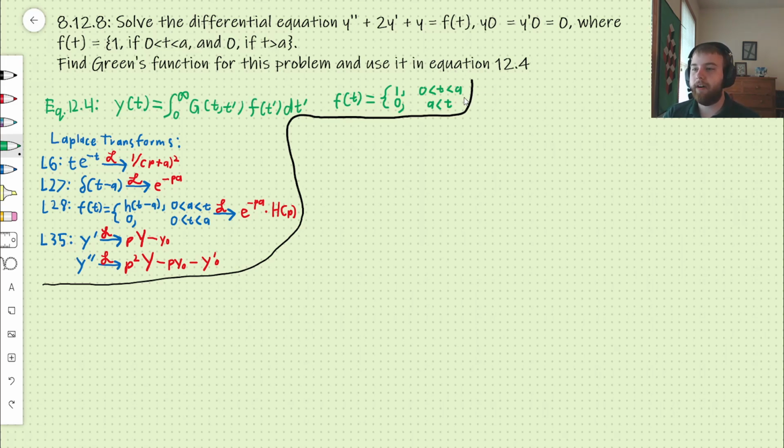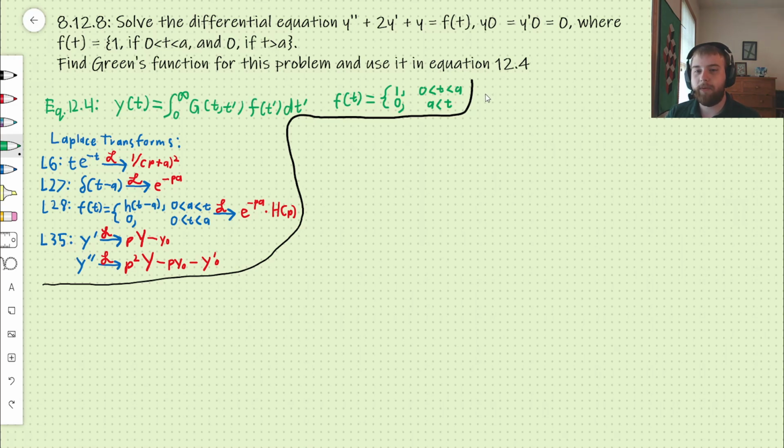If you'll remember, our Green's function for this situation would be how the whole system responds to an impulse force. Like if you hit it with a sledgehammer or something else that has infinitely fast means of hitting something, I suppose. We represent that by a delta function.